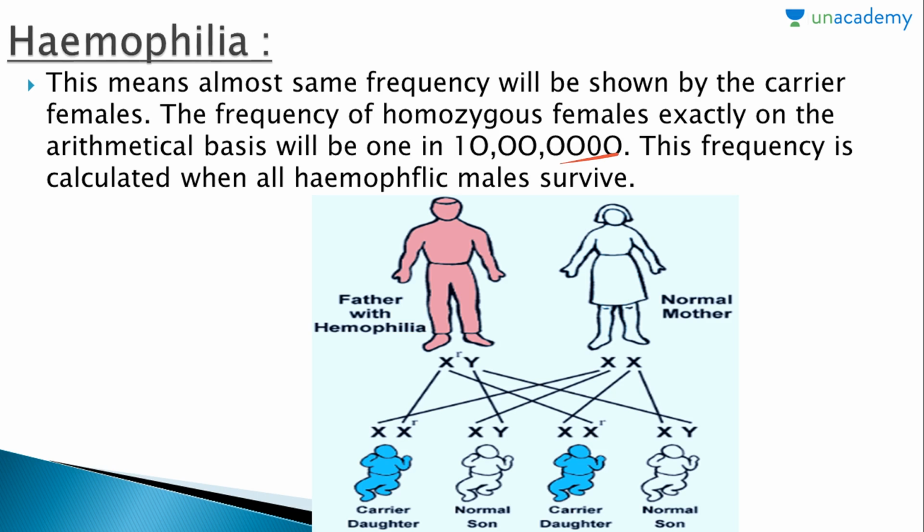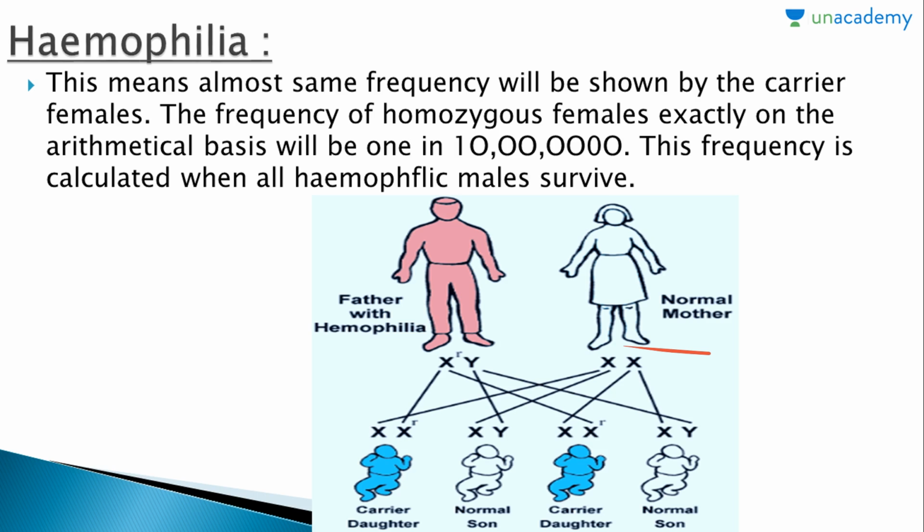Now, this is a cross that explains it in detail. This is a father with hemophilia. He has the X^R gene, an X chromosome with the diseased genotype, so X^R Y is the diseased genotype, and XX is the genotype of a normal mother.